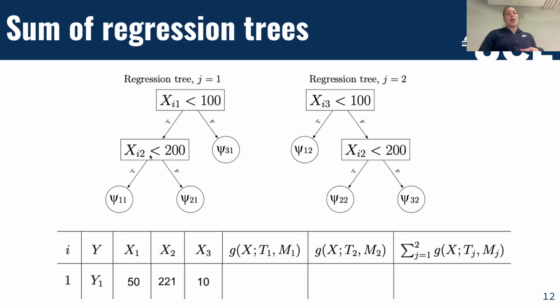Their X2 is greater than 200, so they go into that subregion. Then if we check the second regression tree, this time X3 is less than 100, so we go straight away with only the first split rule. We don't even get to the second one. And we see that we're going to have the addition of the values in the terminal nodes here. Any questions so far?